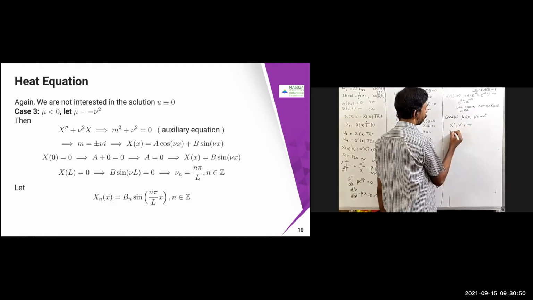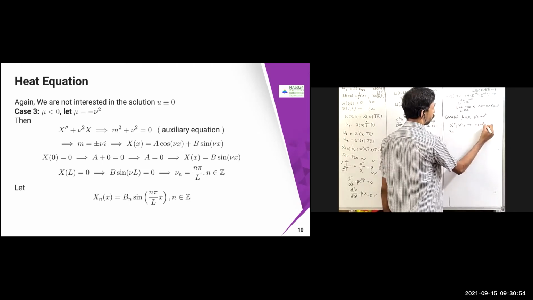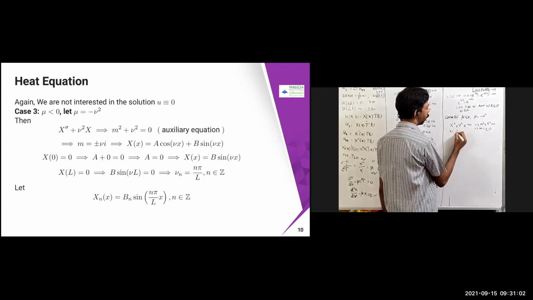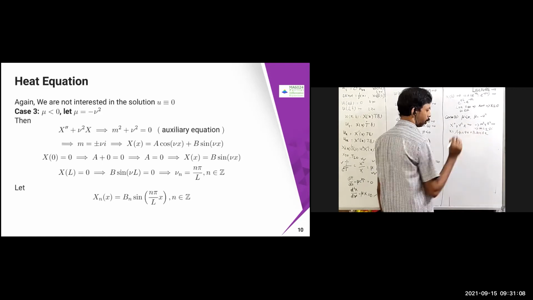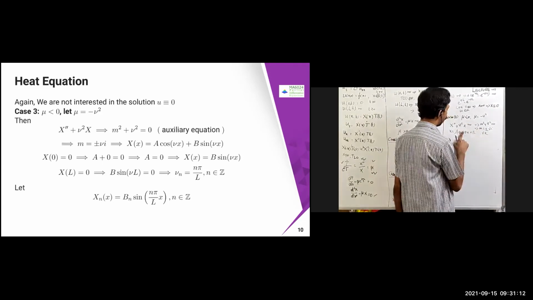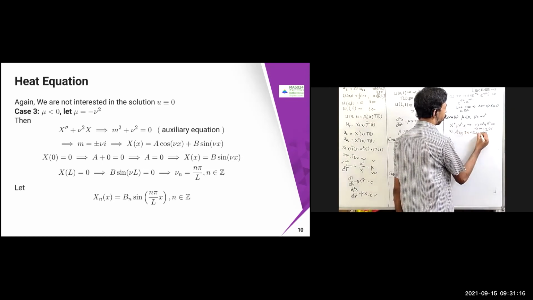The auxiliary equation is m square plus ν square equal to 0, which gives m equal to plus or minus νi. Therefore, x can be written as A cos νx plus B sin νx.